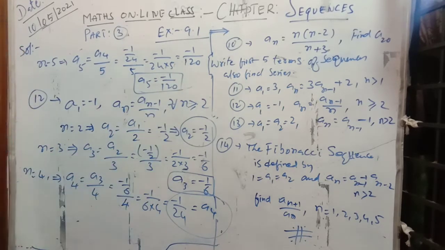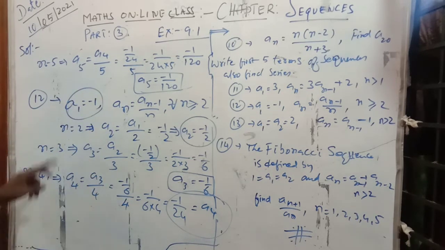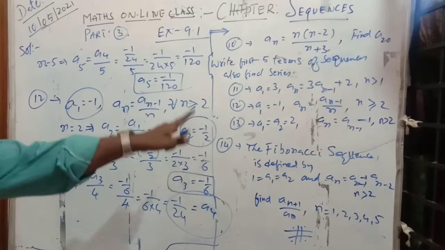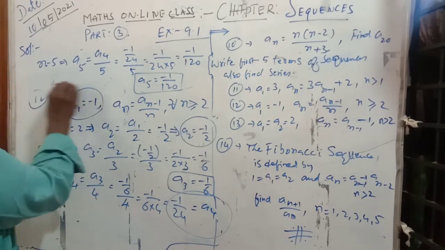Okay then? You see there? A1 is already there. But we had to mention, in the previous problem also I forgot to write the series. Now I will write it. A1 is minus 1.